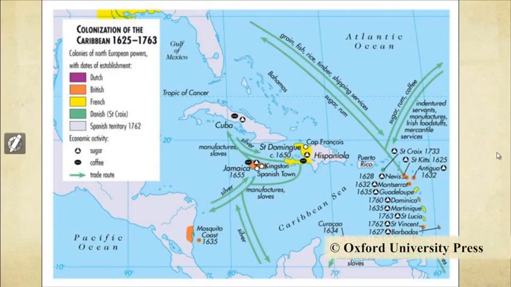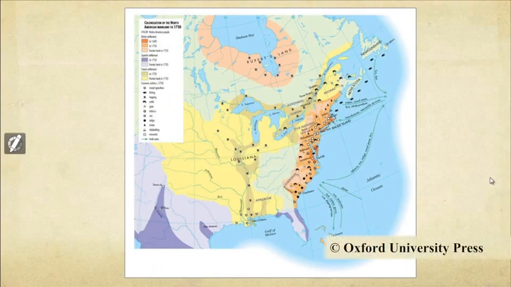This is also a map I showed you before, just reviewing the colonization of the Caribbean with all those wealthy islands, mainly producing, you see that symbol there, sugar, that symbol there for coffee. You see the pattern. And then again, I also showed you this map. These British colonies here on the fringes of eastern North America are a little different though.